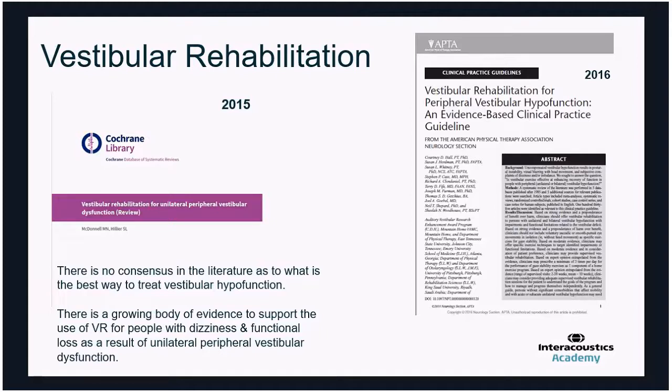And I think that comes down to maybe what we've already now identified, in that in actual fact, amongst unilateral peripheral vestibular hypofunction, we have different facets of presentation. That means that patients may find that some exercises are more successful for them than others.